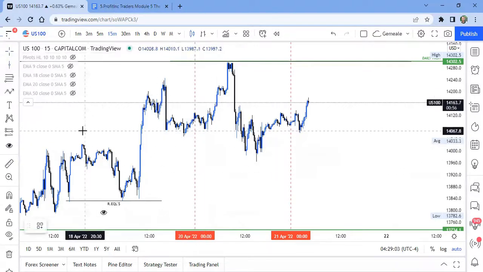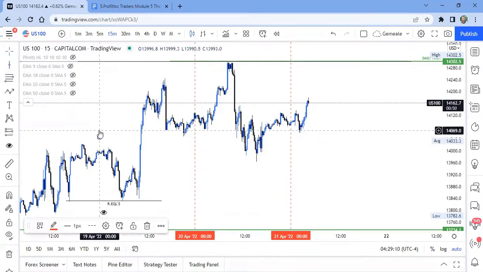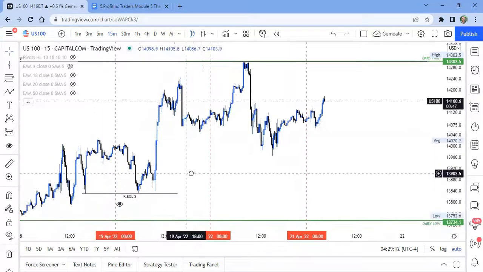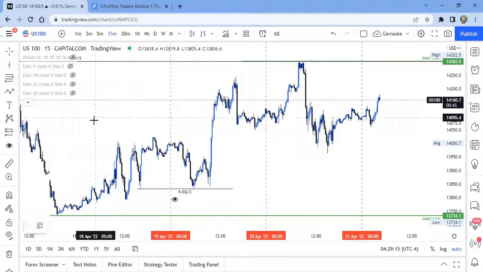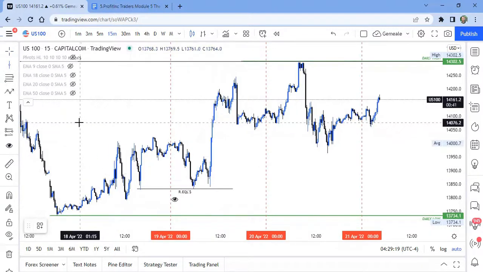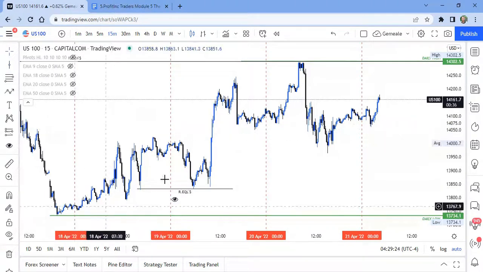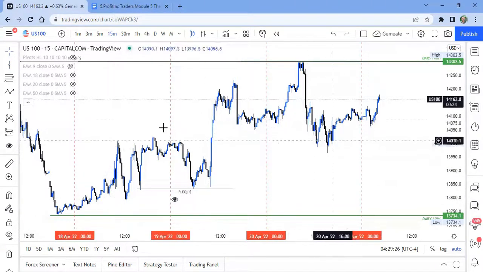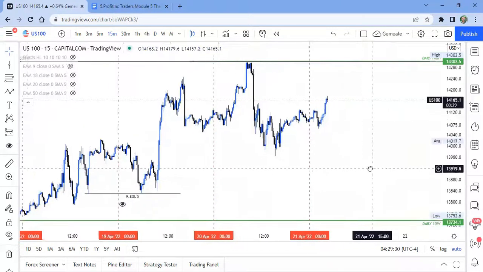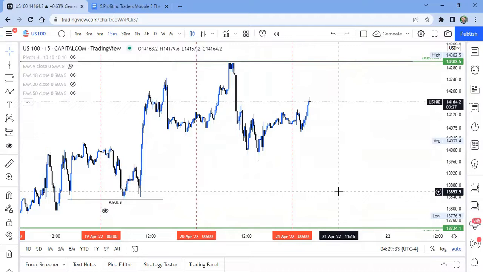There, and there, one more. Monday, Tuesday, Wednesday, Thursday. Good. Now we have our daily separated according to the New York local time.